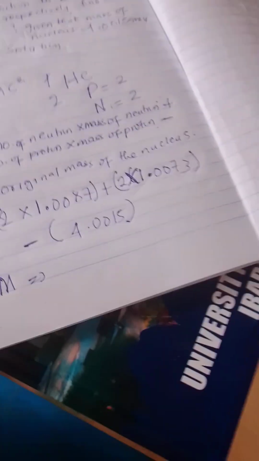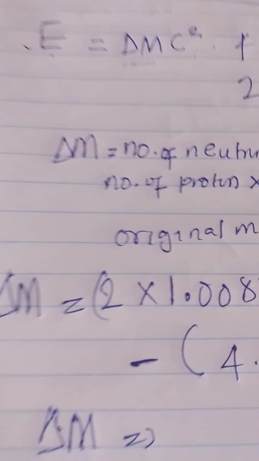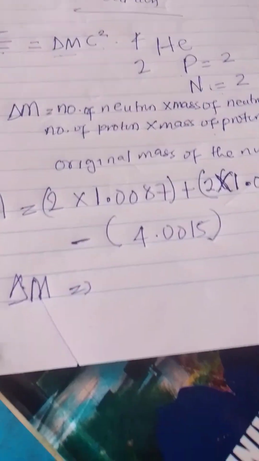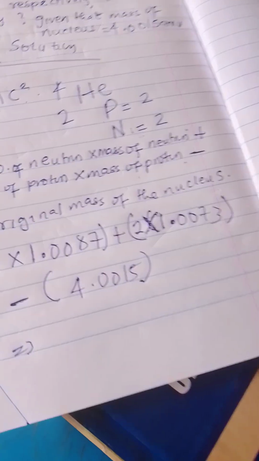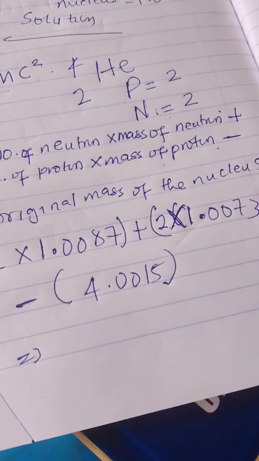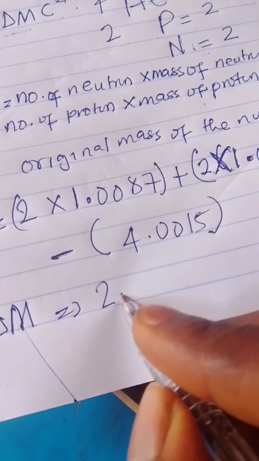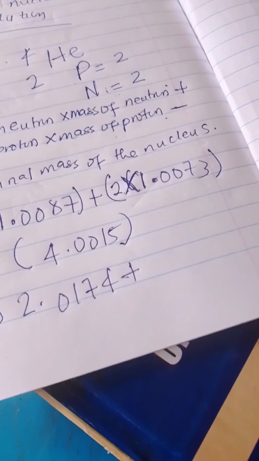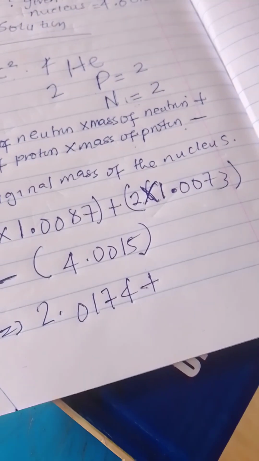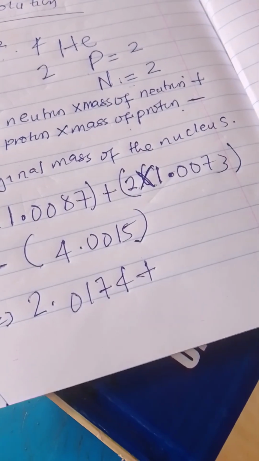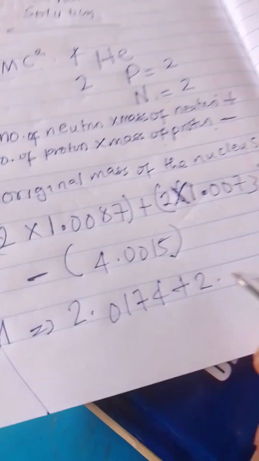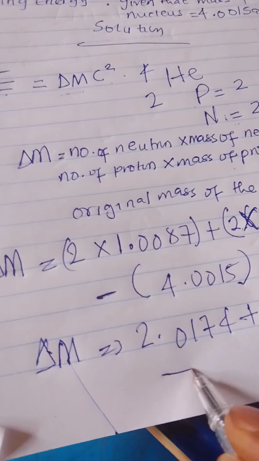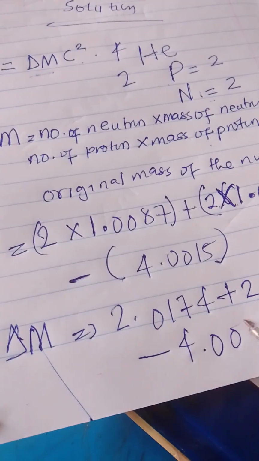So we are going to find our change in M. If you multiply 2 times 1.0087, we are going to get 2.0174, plus 2 times 1.0073, we are going to get 2.0146, everything minus 4.0015.